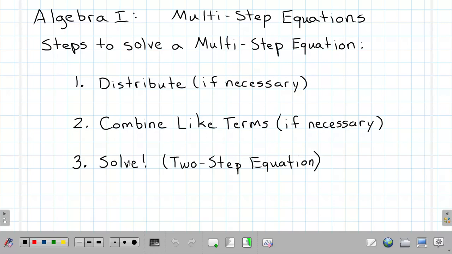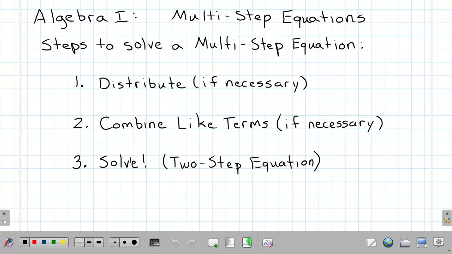Once you distribute and once you combine like terms, what you should end up with is a 2-step equation, which at this point, hopefully everybody is comfortable solving. Really, this section is just testing whether you understand how to use the distributive property and how to combine like terms.